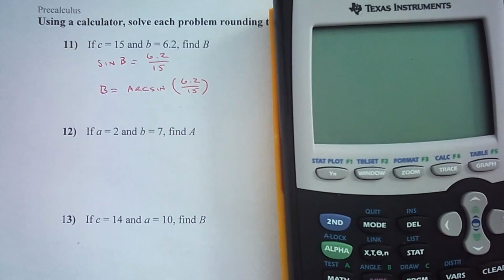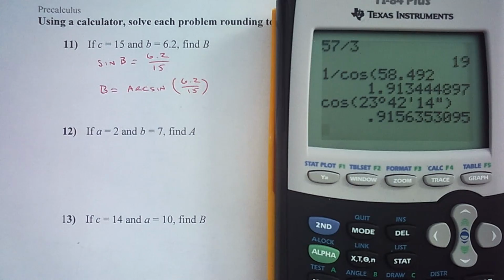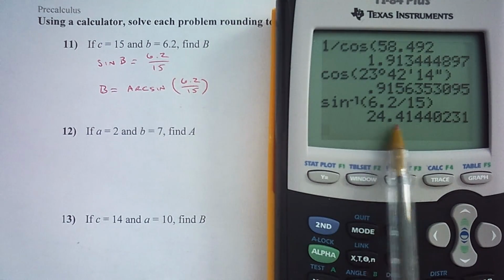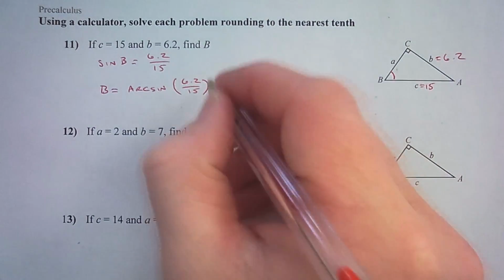Okay, so in our calculators, we've already made sure we're in degree mode. So second sine, 6.2 over 15, and it says round to the nearest tenth, so 24.4, and the 1 is not big enough to bump that 4 up.